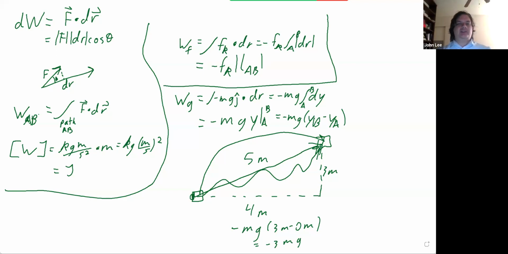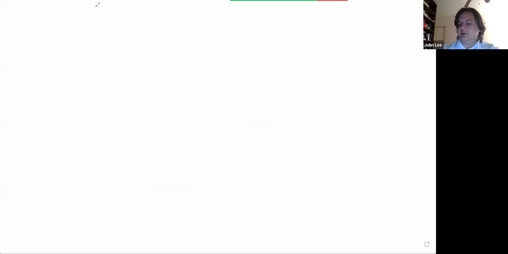If you want to do something more complicated, F spring equals negative kx, where x is the displacement from the initial position.